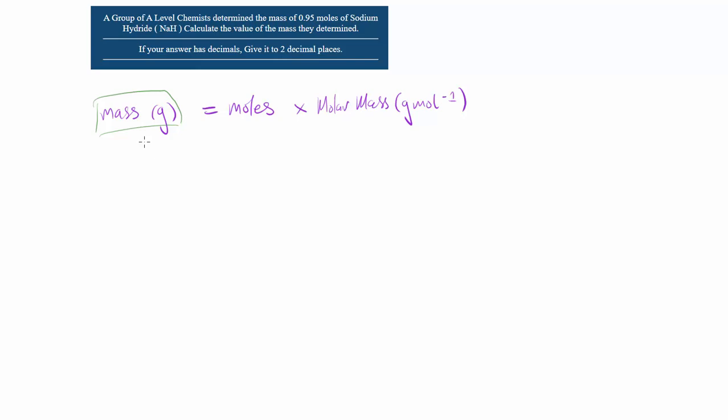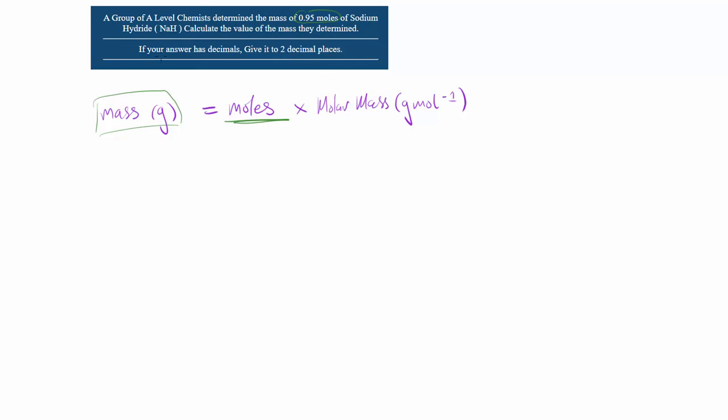Now, in this case, when we look at the actual question, what we have to ask ourselves is, well, what do we need? And what do we have already? What we have already, if you look here, we've got the number of moles already, right? So this, we have it. But what do we need?